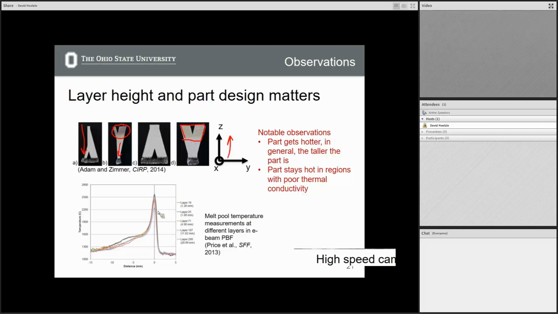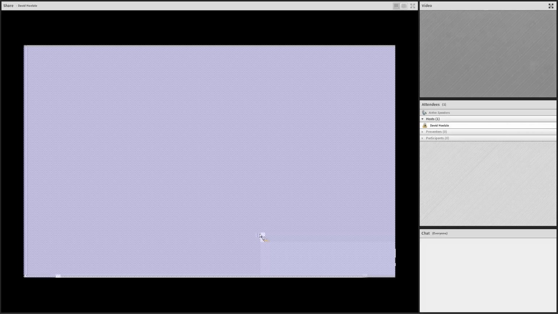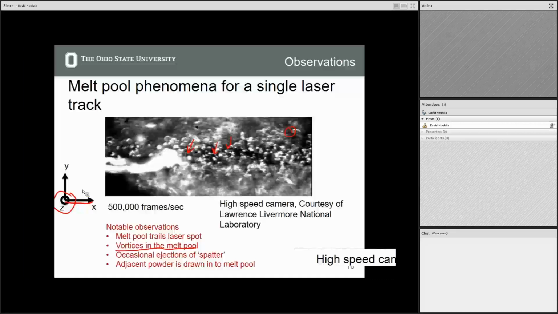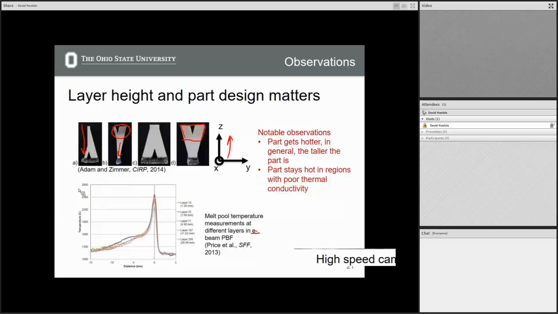temperature measurements in E-beam powder bed fusion. So it's the same exact view as this right here, a top-down view. Instead of having a high-speed camera, you can have a thermal camera. Just like night vision goggles are kind of like thermal cameras, we can put special forms of them that have higher temperature ranges into these types of systems to try to understand the temperature of this part.